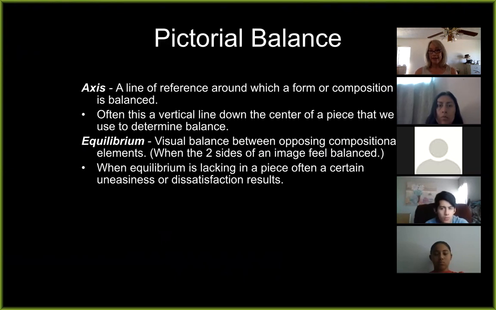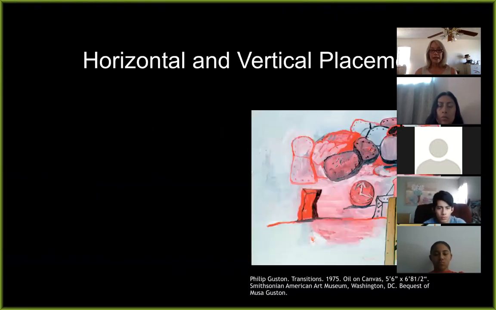When it's lacking balance, that's when we feel a bit uncomfortable. We know what it's like to be off balance in our lives. So when we see something that isn't balanced, it elicits this emotion of instability or maybe a little bit of uncomfortable feeling or dissatisfaction. In this example, we see a lot of really heavy elements that are off center, so they're more weighted towards the right, and they're up above the horizon line, which tends to make us really uncomfortable.